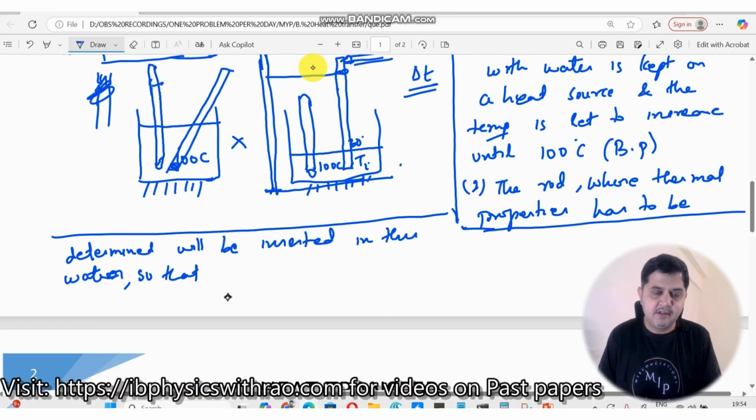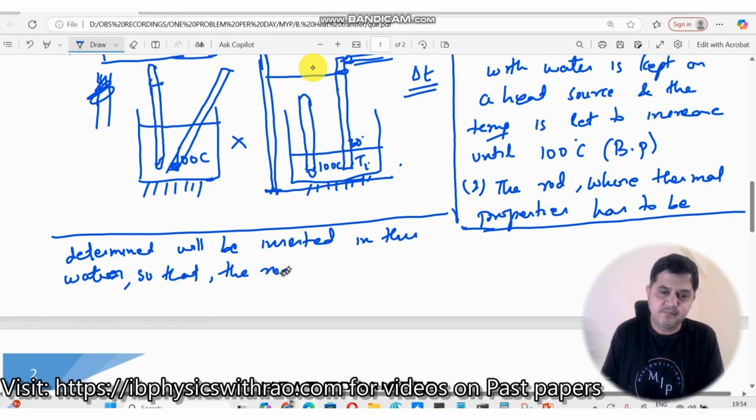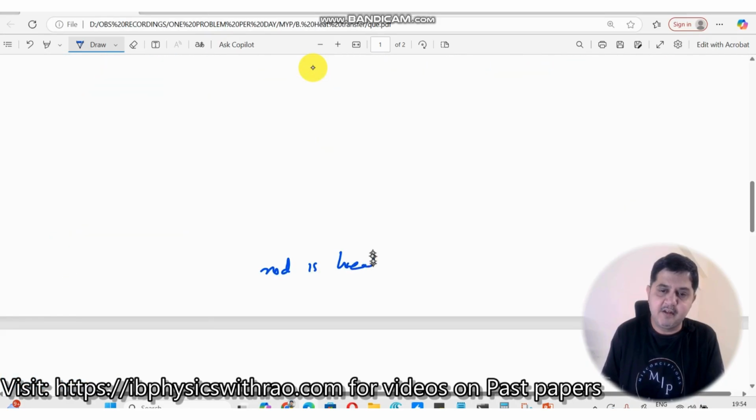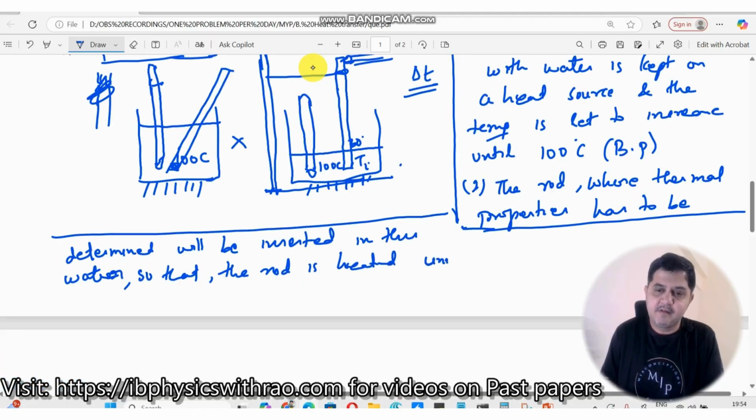That rod is heated uniformly. Rod is heated uniformly.